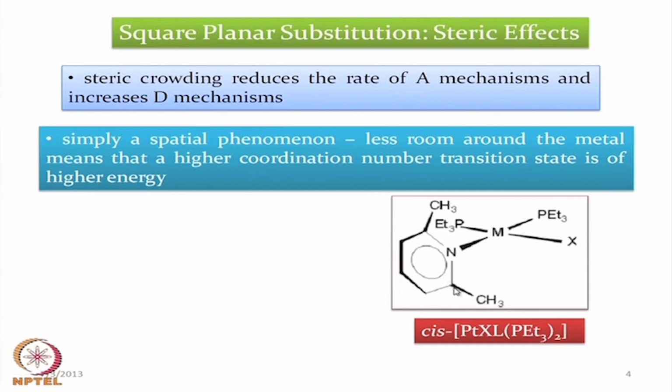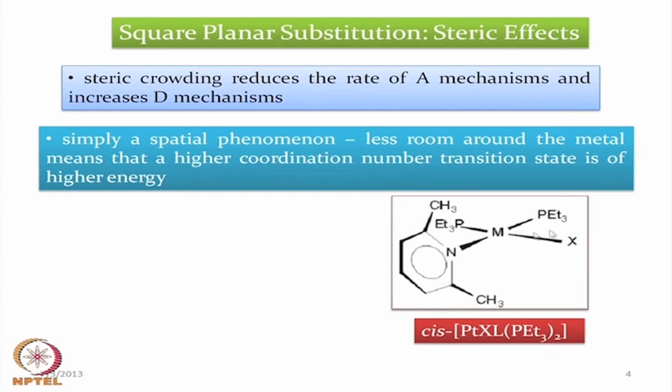It has substitution at positions 2 and 6, because already one methyl group is going above the square plane and the other methyl group is below the square plane. That is, we are already crowding the top of this metal center and the bottom of this metal center. That means this particular steric crowding can control some reactivity pattern with respect to the platinum center, the M center, because already this particular site is sterically crowded.